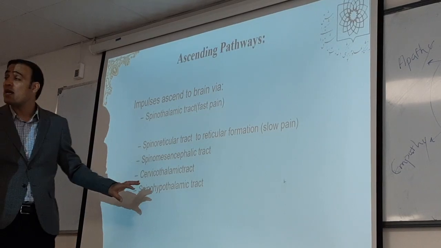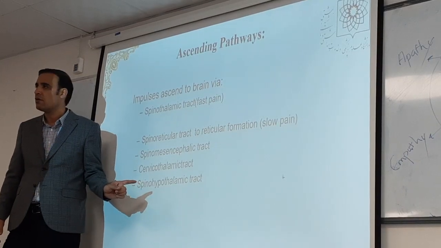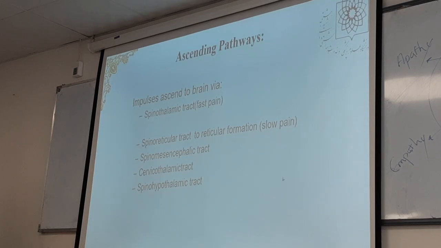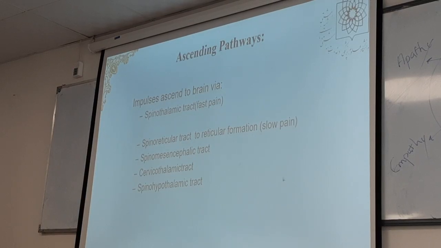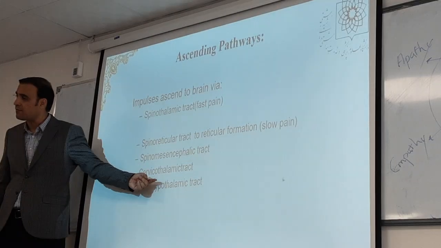Sometimes severe pain will generate nausea and vomiting because of the hypothalamus. I'm sure some students here have had this experience: you have very severe pain and a sense of nausea, vomiting. Everybody in this class has experience with having pain and saying, "I'm not able to eat anything. I have no appetite." This is because of the spinohypothalamic pathway.